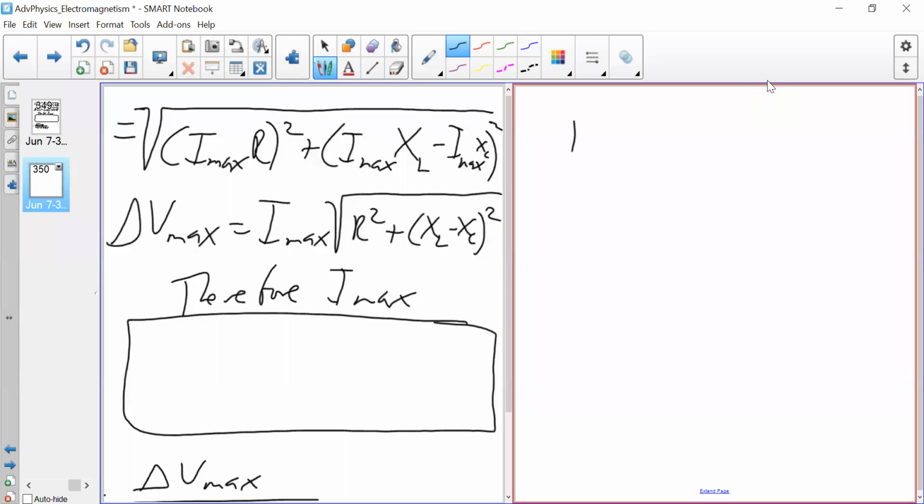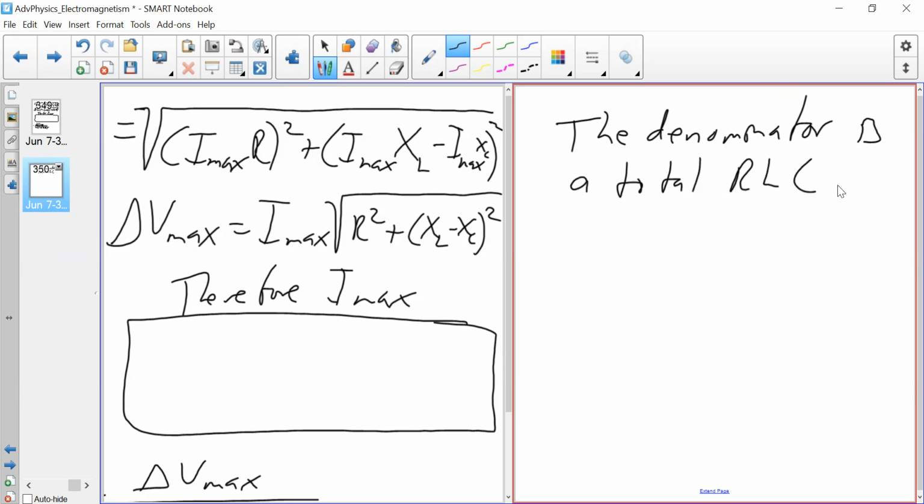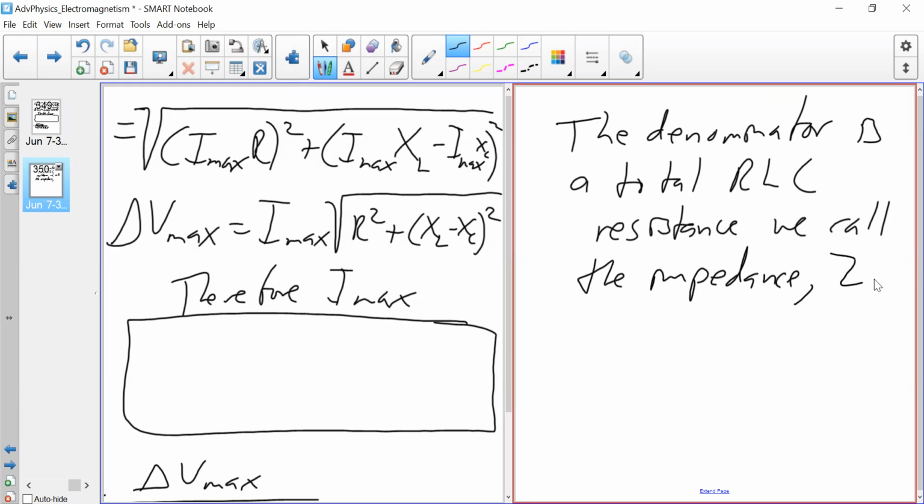So now we have a term for the maximum voltage in an RLC circuit. The denominator, the total RLC resistance, we call the impedance.